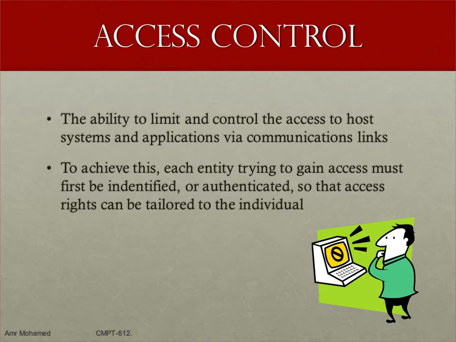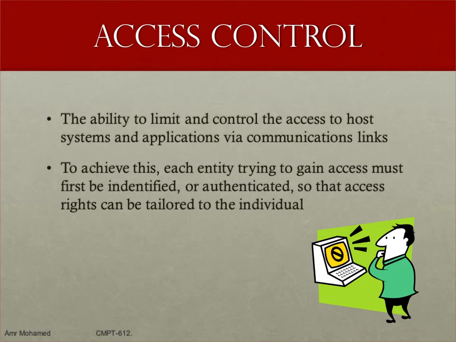Access control is the ability to limit and control the access to the host or to the systems and applications via communication links. It's to make sure that when you try to access a system, you really have the privilege that you are supposed to have in order to access this machine or this data or this part of the system.